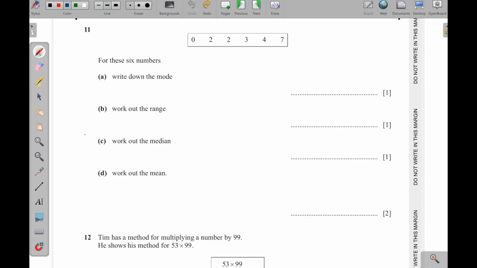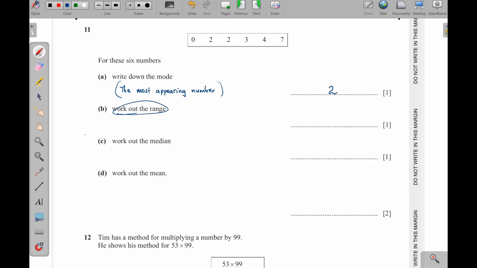Write down the mode. Mode is the most appearing number. Okay, most appearing number. And when you look at that list, we can see that 2 is appearing 2 times and the rest are appearing once. So that means the mode is going to be a 2.